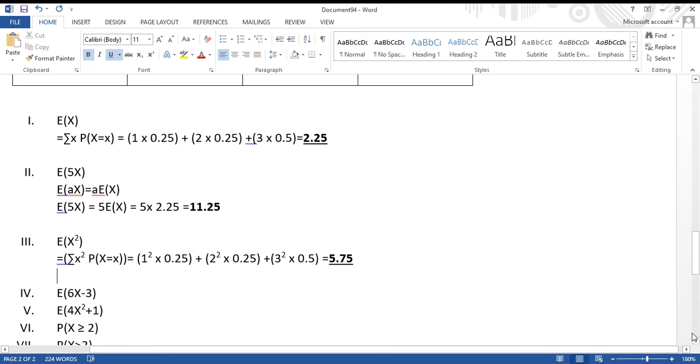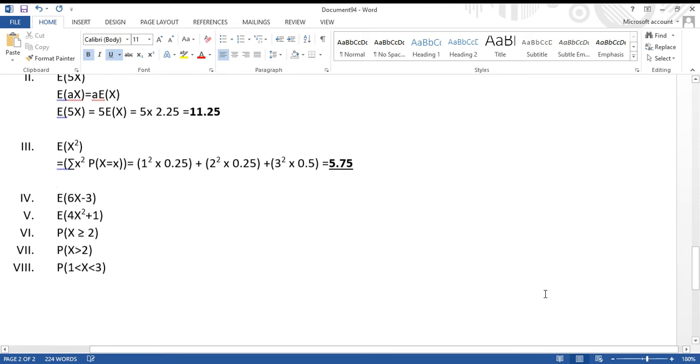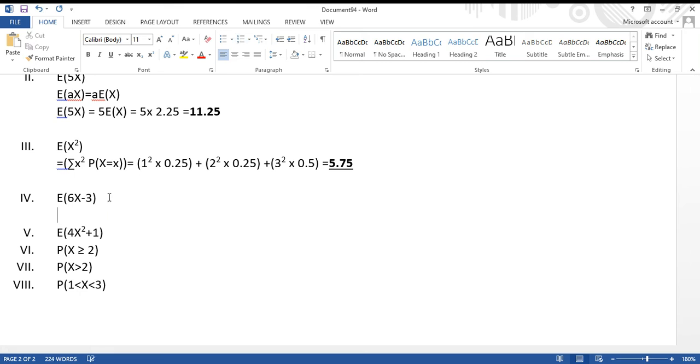Right, the next one we have is an interesting one. E(6X minus 3). We have to follow this rule: E(aX plus b) equals a E(X) plus b.